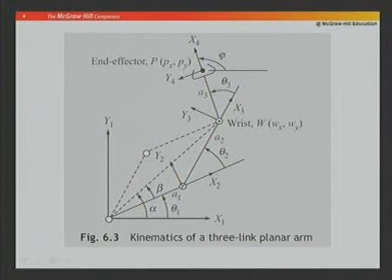3 degree of freedom planar robot arm. You see this P point can be reached by the solid line here, or it can be reached through this dotted line here. So, this is the one which makes our task very, very complex.